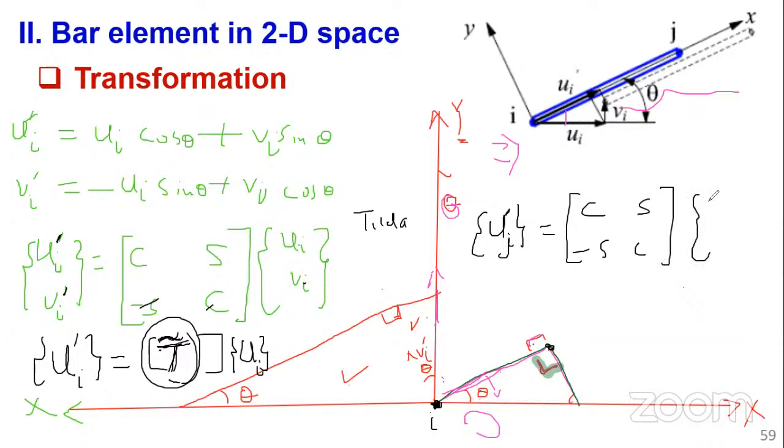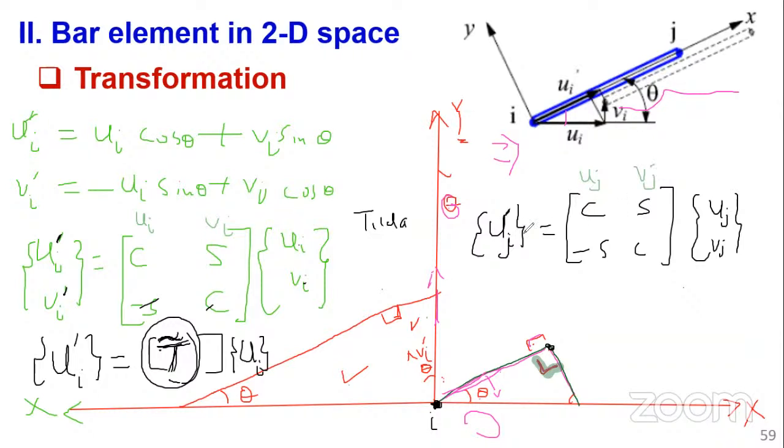Then this will be in the global coordinate system, Uj, Vj. So you know this one corresponds to Ui, Vi, and this one corresponds to Uj, Vj.